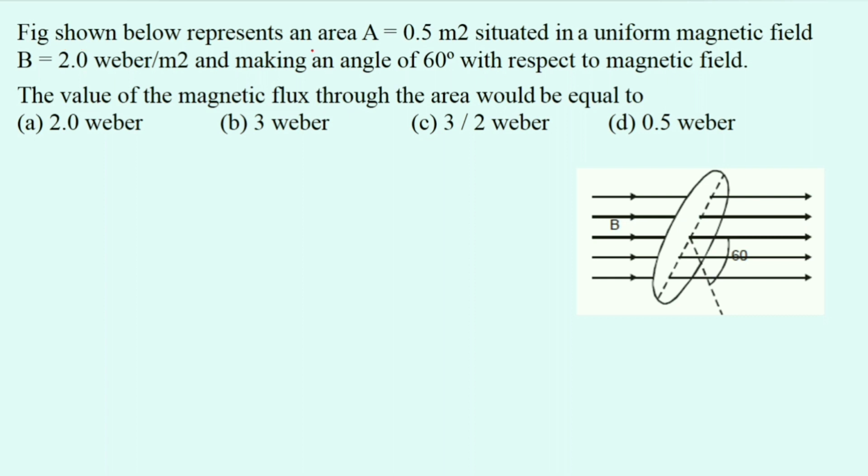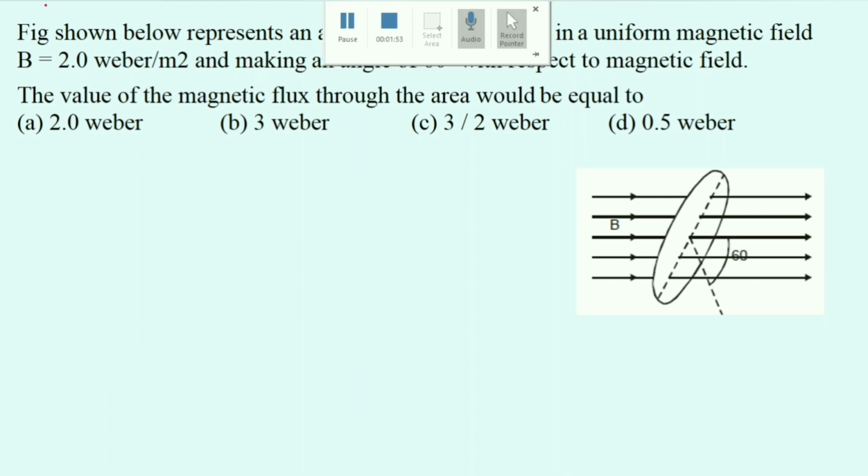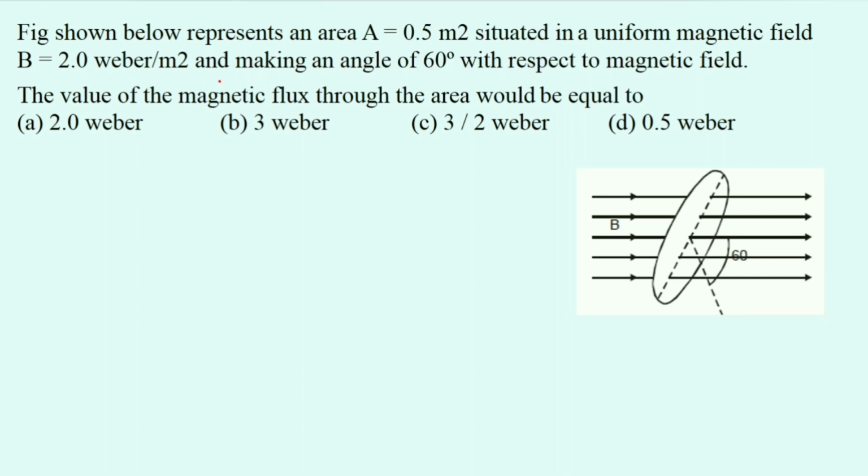Figure shown below represents an area A equal to 0.5 meter square situated in a uniform magnetic field B equal to 2 Weber per meter square and making an angle of 60 degree with respect to the magnetic field. The value of magnetic flux through the area would be equal to?